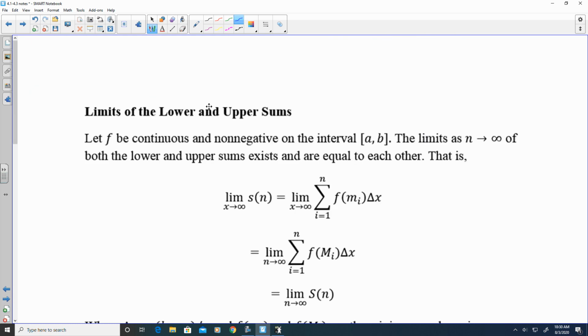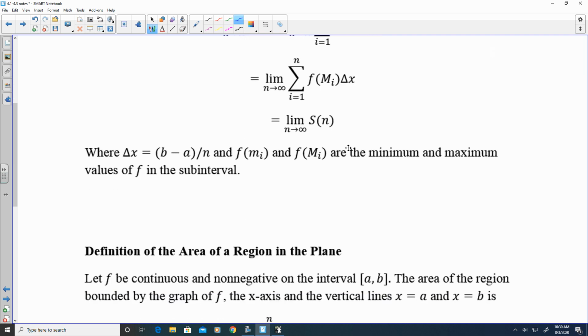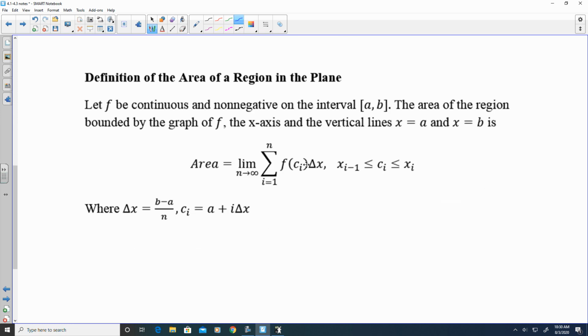So now our new formula that we're going to be dealing with is just the capital M, just the easy side. So all we need here, instead of doing the minimum and the maximum, we're just going to treat CI as our function every time. This is it. Take the first term of our subinterval plus I times delta x, and delta x is our b minus a over n.